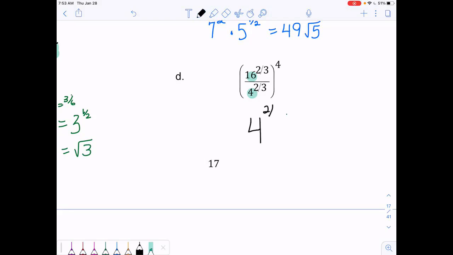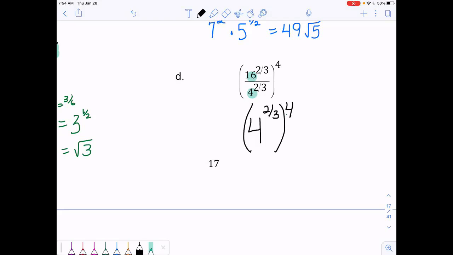Now the exponent stays there because it was 16 to the 2/3 and 4 to the 2/3. So it still has that same exponent. And now we have that exponent of 4 on the outside. So you are allowed to divide the bases if the exponents match up because they're like radicals. So I'm allowed to divide the bases keeping the exponent the same.